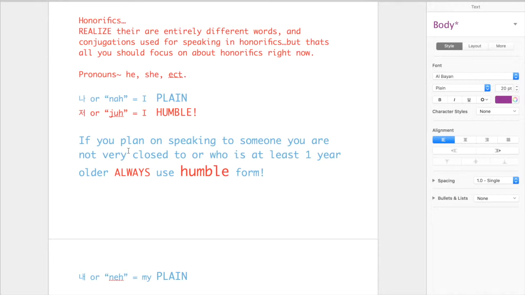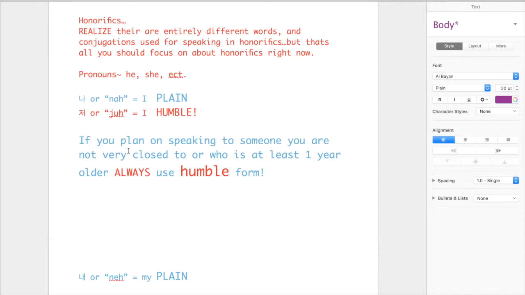They're for very, very high status people you talk to, or very, very elderly people that you're talking to. Then you would use these very humble words and you would honor them by using these words. But really, as a beginner, you're not going to need to use these words. And even if you meet someone very, very old, they're going to completely understand that as a beginner, you probably will not be able to honor them so much as using honorifics.